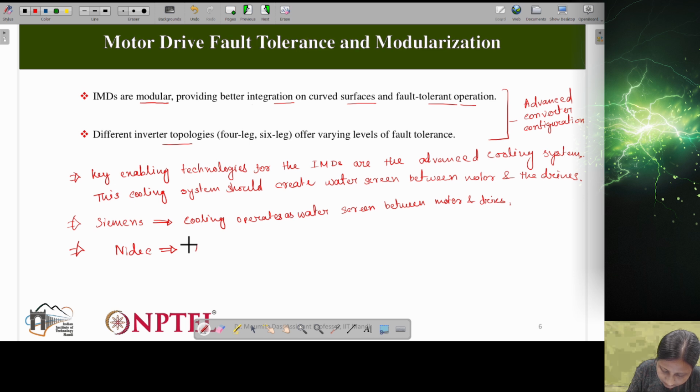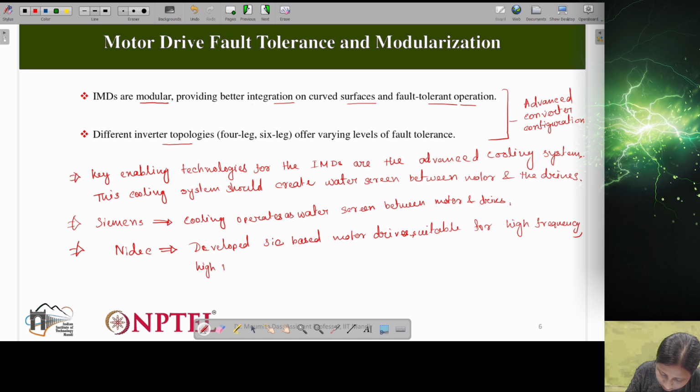Basically, NPTEL develops silicon carbide based motor drives suitable for high frequency, high temperature, with significantly reduced volume and weight.